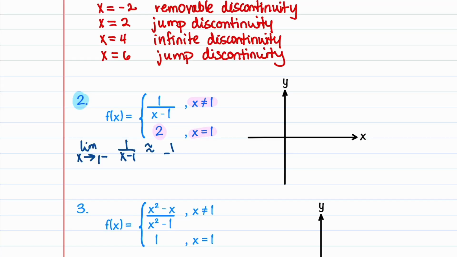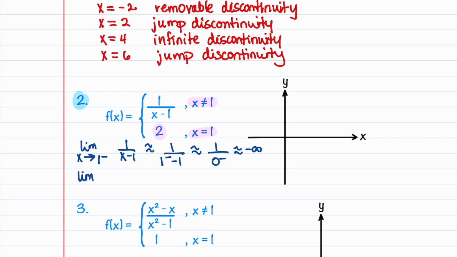This is approximately 1 divided by 1 from the left minus 1. So this is approximately 1 divided by a number like 0.99 minus 1. So this is going to be 0 from the left, and that's going to be minus infinity.